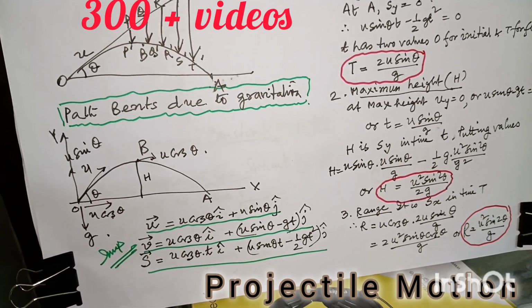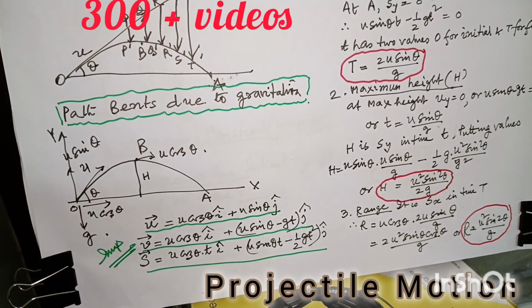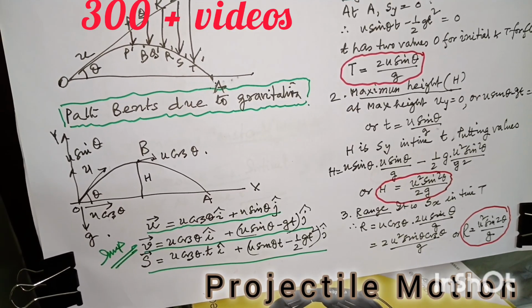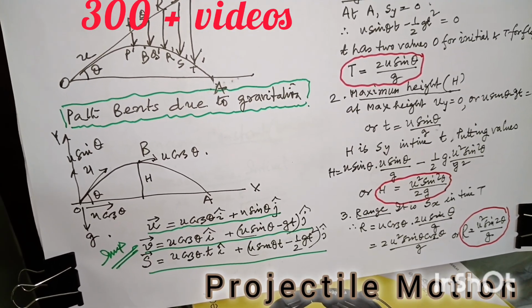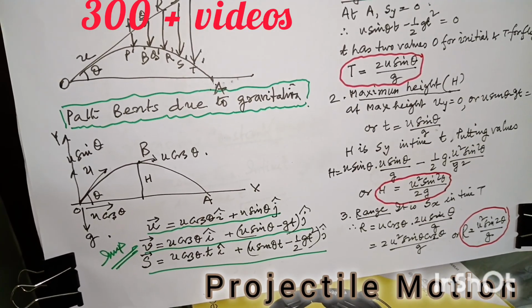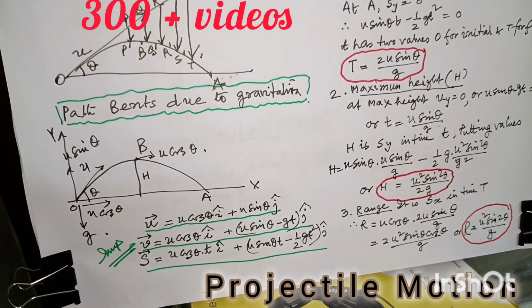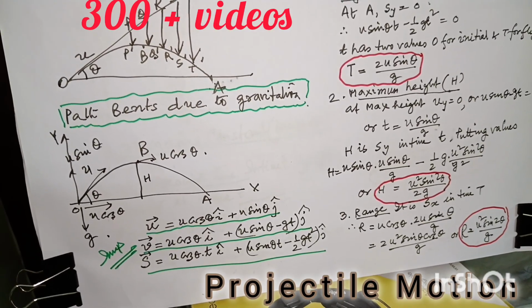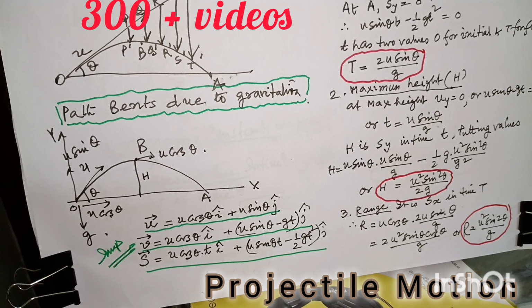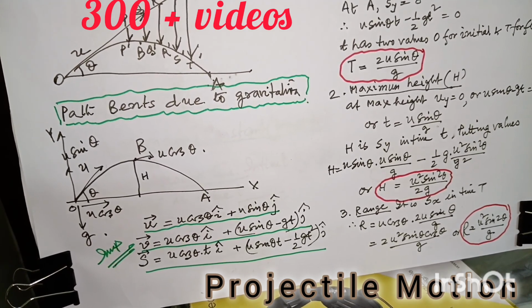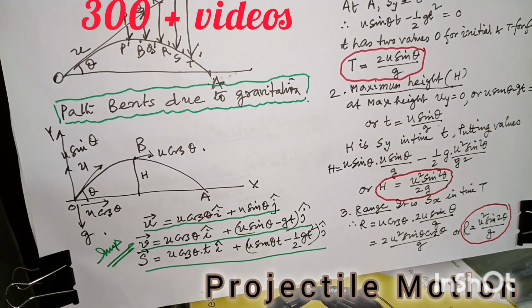So we can write u vector as u cos theta into i cap, that is the unit vector along the x-axis, plus u sin theta into j cap, which is the unit vector along the y-axis. Similarly, after time t, what will happen? This u cos theta is horizontal, so it will not be affected by gravitation because it is at 90 degrees.